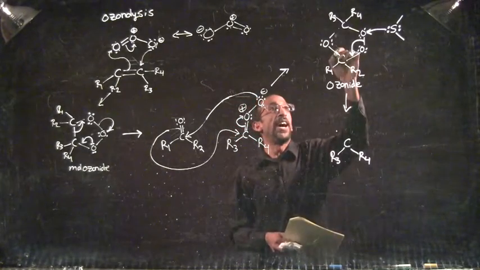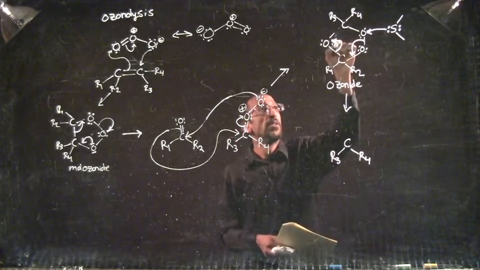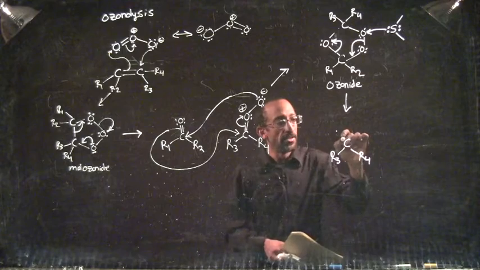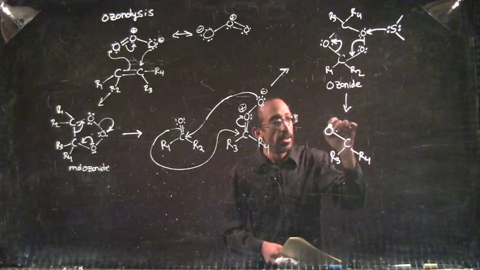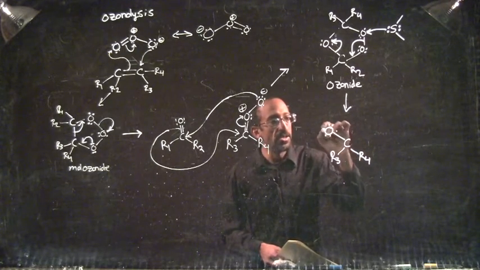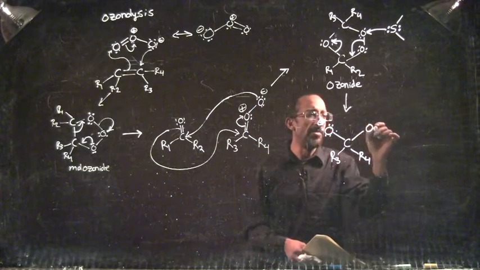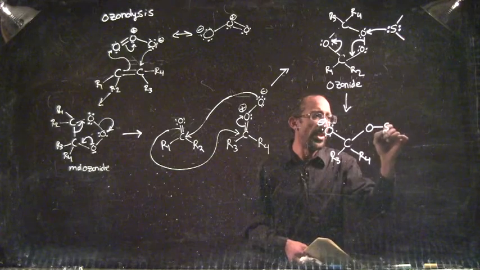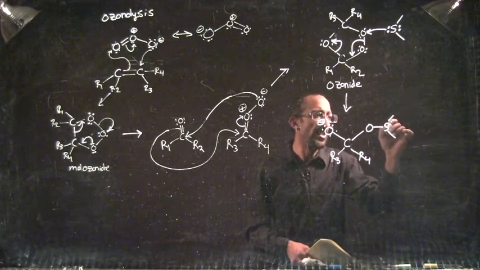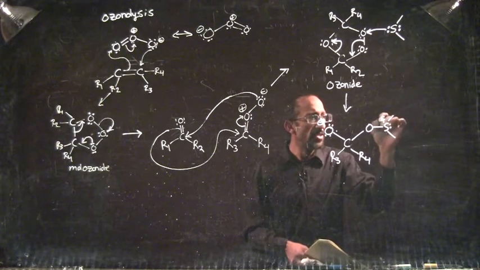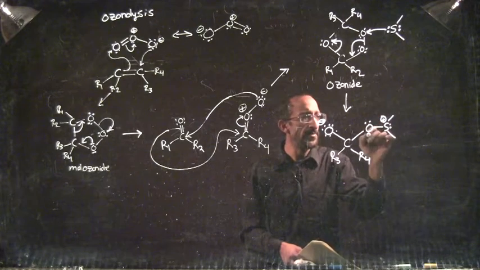These electrons actually just go right onto that oxygen atom. So now we have an oxygen with a negative charge, and then a carbon to an oxygen with that sulfur attached to it. Sulfur has a positive charge here.